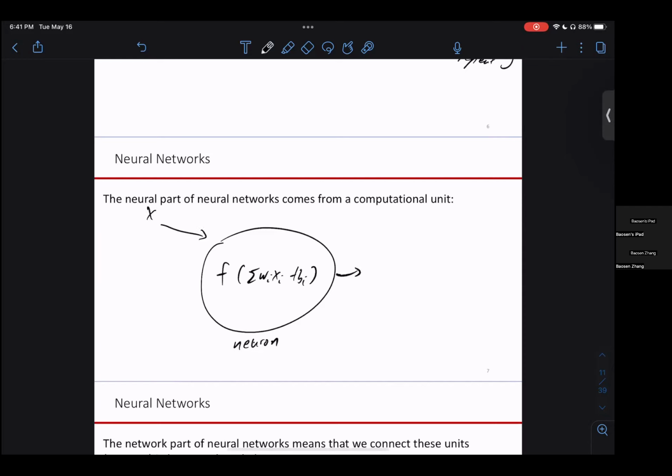So this is x1. And this is how we connect the unit. This is how we think of each unit. This f, for example, you can think of as a ReLU activation function. You take linear plus nonlinear functions, and you do those things in many layers.